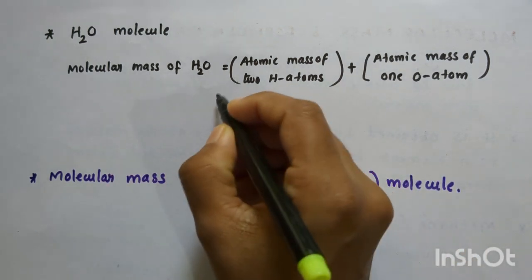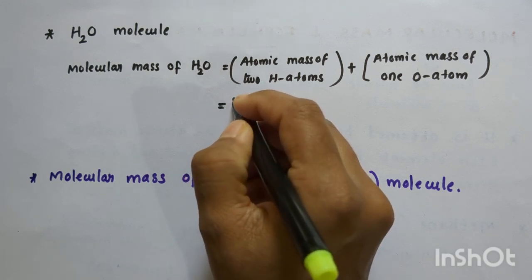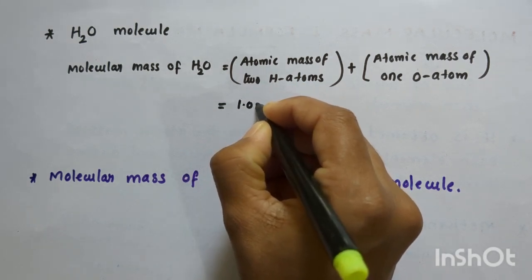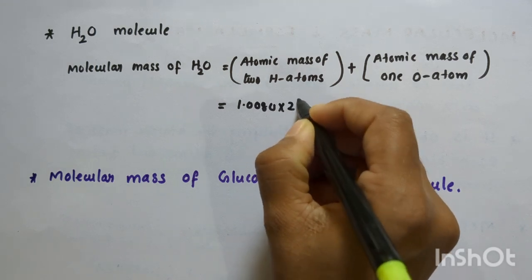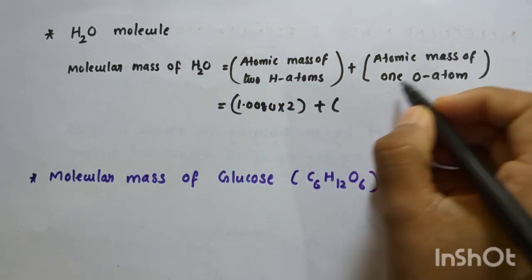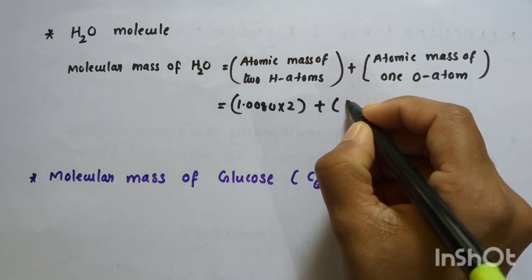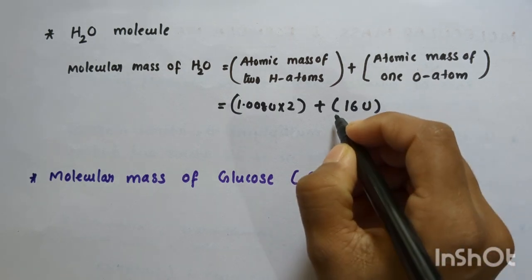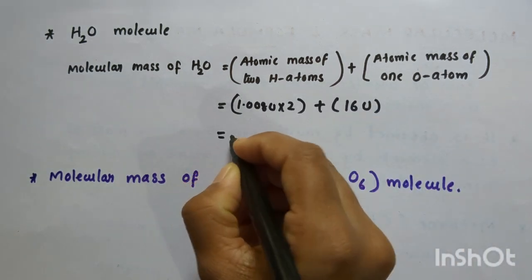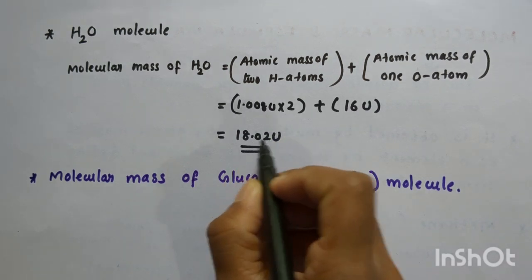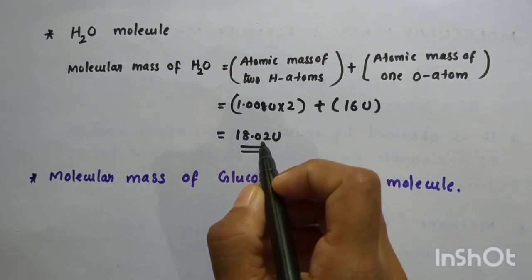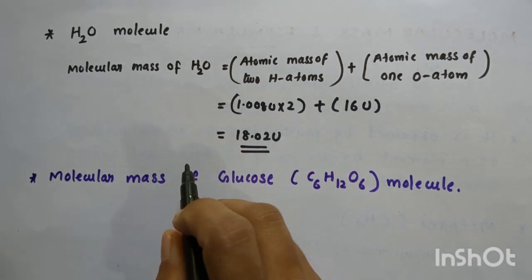The atomic mass of 1 hydrogen atom is 1.008 u, times 2, plus the atomic mass of 1 oxygen atom, which is 16 u. When you add these two, you will get 18.02 u. So 18.02 u is the molecular mass of water.